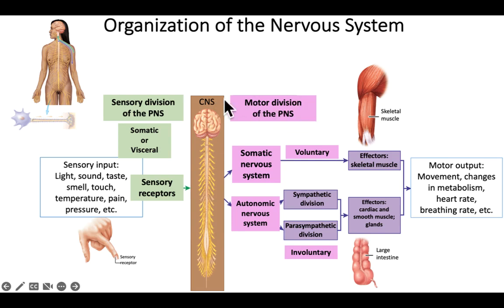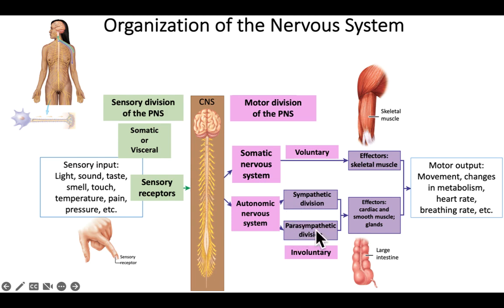And then the motor division of the periphery can also be divided into somatic and autonomic. So somatic is going to be your voluntary control of skeletal muscle. Your autonomic nervous system is involuntary. And that we're going to divide into two divisions, sympathetic and parasympathetic.